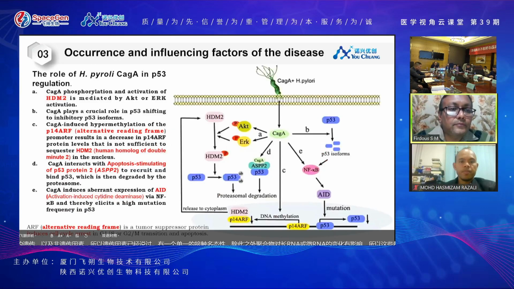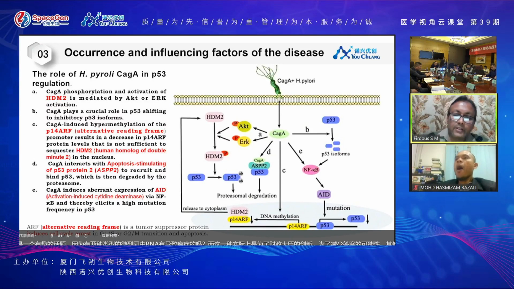Over here, as I said, the H. pylori consists of the CagA factor or the cytotoxins. This CagA leads to the activation of protein kinase B or the ERK protein, which further activates the human homolog of double minute 2, which undergoes phosphorylation and further leads to the ubiquitination of P53, the guardian of the genome protein, and that leads to proteasomal degradation.